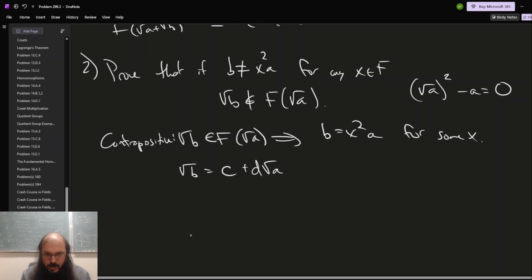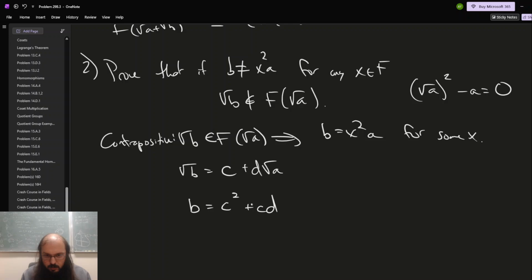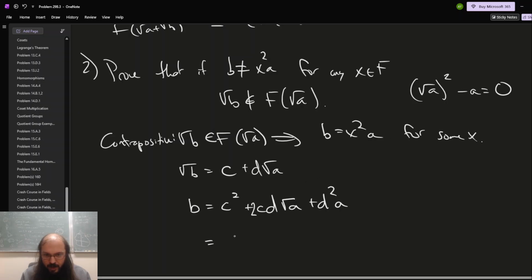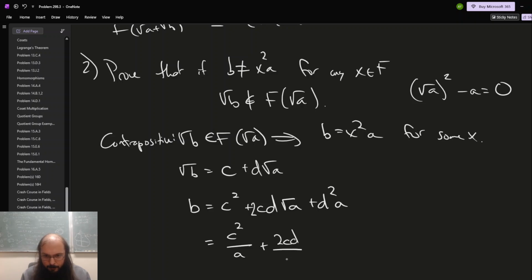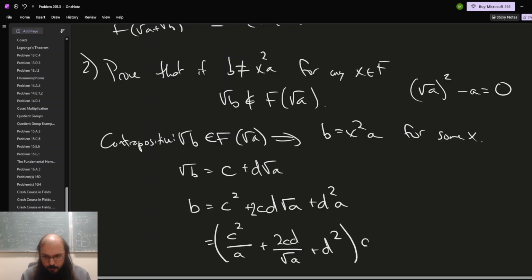Well, the simplest way to get b out of this is to square both sides. b is equal to c squared plus 2cd square root of a plus d squared a. Now, this doesn't look like it's in that form yet, but I know that I have to get an a out on the end eventually. So I'm going to factor out an a since a is non-zero. And you notice I'm allowed to do this because square root of a is also non-zero, so I can divide by it.